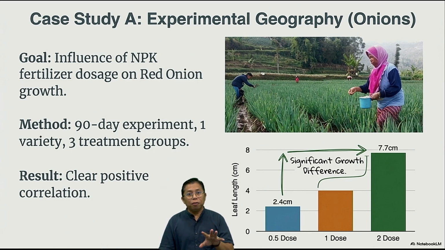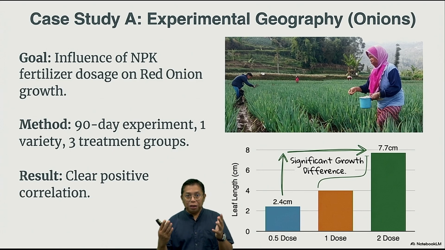You can see the half dose only reached about 2.4 centimeters. The one dose showed better growth, and the double dose had the highest growth at around 7.7 centimeters. So the difference is quite clear. Overall, the results show a strong positive relationship between NPK doses and the red onion growth.